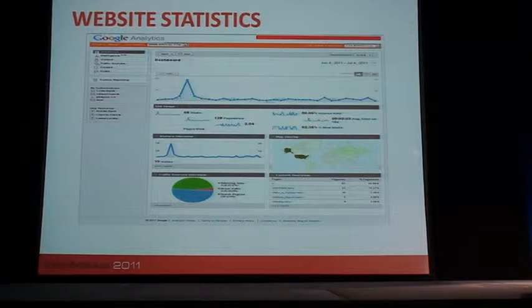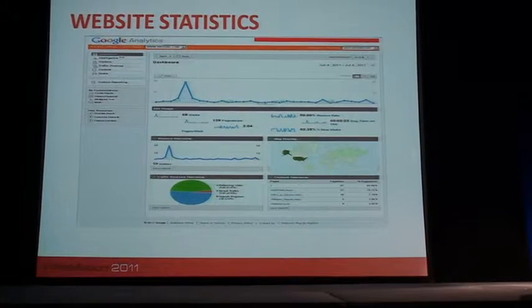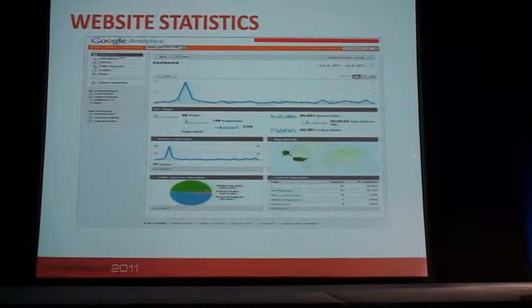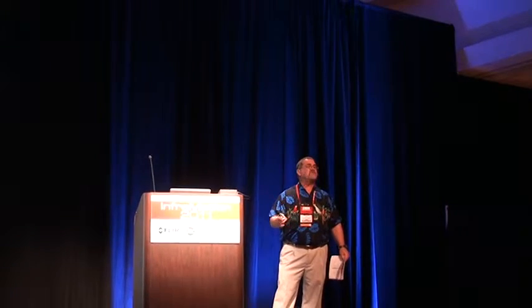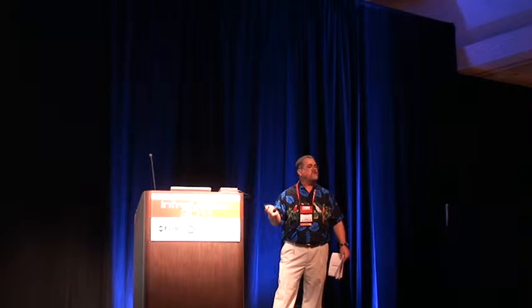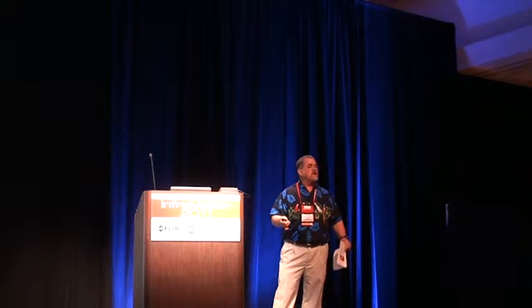The website statistics, called Google Analytics, is a little bit more complicated to install because it does require that your programmer, or yourself if you're web savvy, go into each one of the pages that you have out there and put in some specific code so that the analytics product can say, okay, I understand that that page has been hit, and I'm going to start generating information.